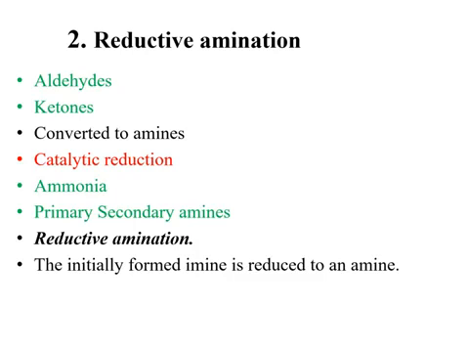So it means initially aldehydes and ketones, both of these two species have a carbonyl group, meaning they have a C double bond O group. This group is converted into an imine, and at the second phase of this reaction, the imine is converted into an amine.